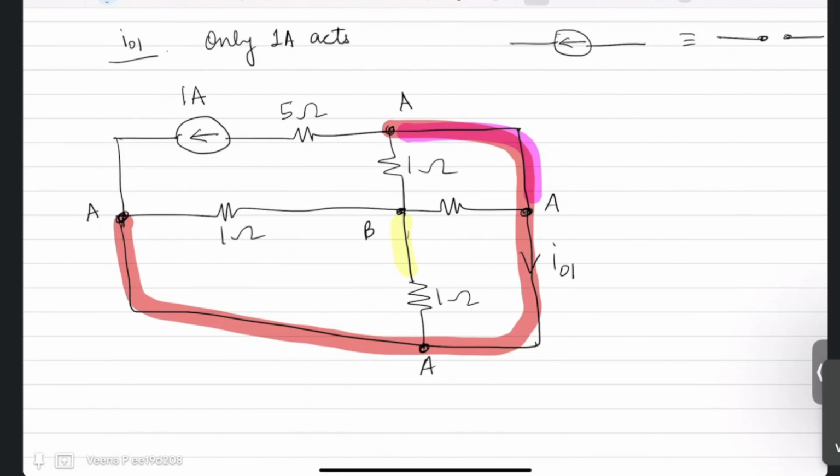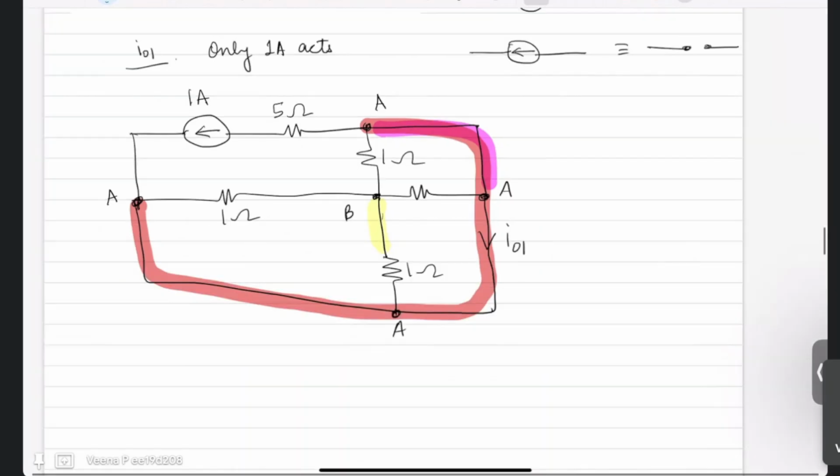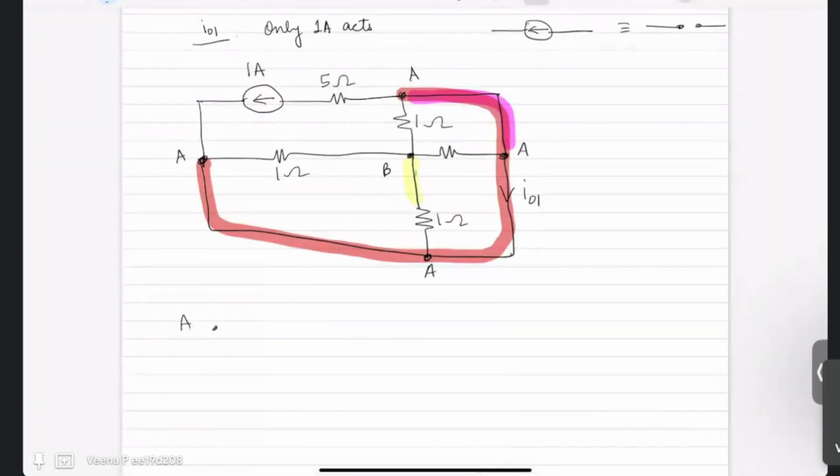So let us see how to draw a simple equivalent circuit of this. If you take your node A here, you can see that your 1 ampere and your 5 ohm, so this is node A. Your 1 ampere and 5 ohm also come in between node A. That means this is also A, so this whole thing is a short circuit.